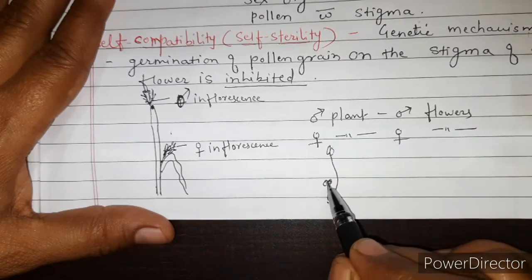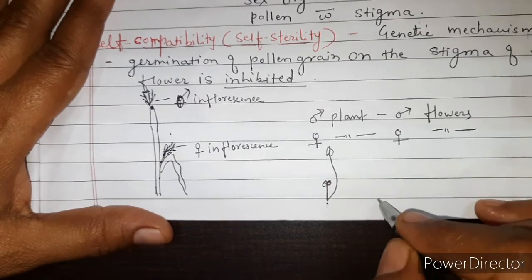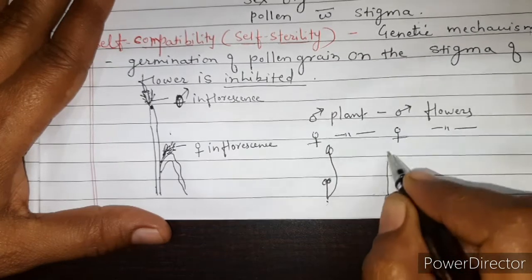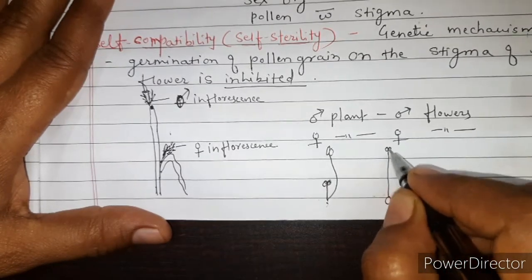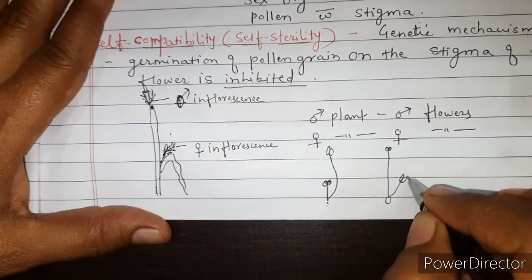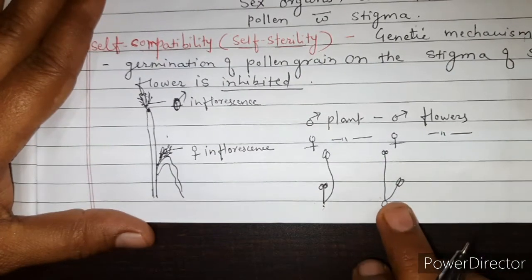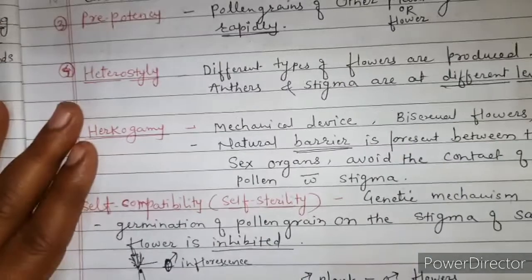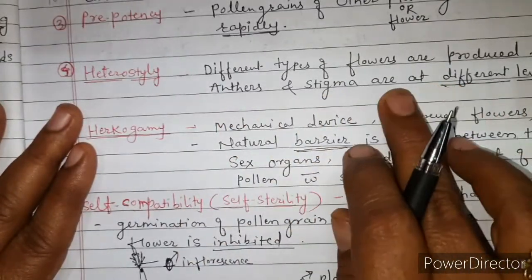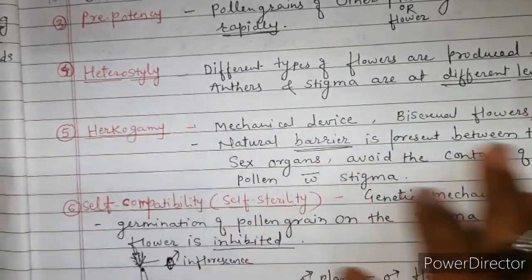Or the opposite may be the case, the ovary and stigma are at the tip of the flower, but the stamens are very short, situated deep inside the flower. Such a condition where the anthers and stigma are produced at different levels is called heterostyling.